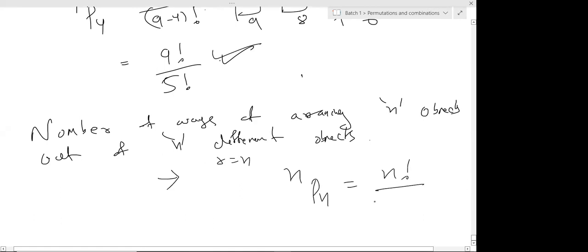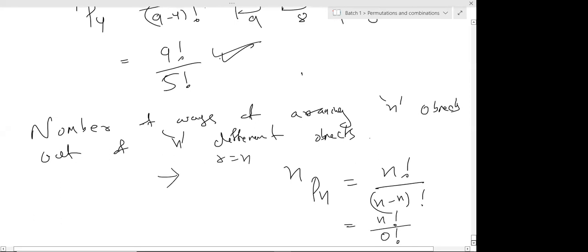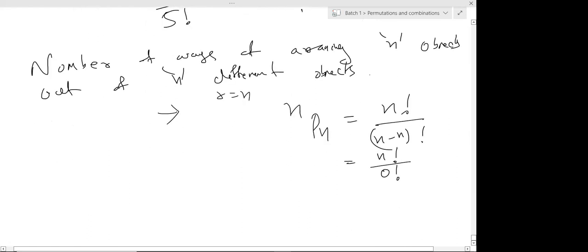So n factorial upon n minus n factorial. So n factorial upon 0 factorial. And Shravya, what is the answer of 0 factorial? 1. 1. So the answer is n factorial. All right.